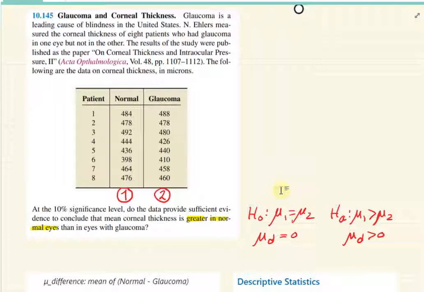Okay. At the 10% significance level, that would be our alpha. Do the data provide sufficient evidence to conclude the average, or mean, corneal thickness is greater in normal eyes than in eyes with glaucoma? Remember, greater thickness: if you look at patient number 3, greater thickness means when you subtract before minus after, you get a positive difference. And that's the motivation for my alternative.